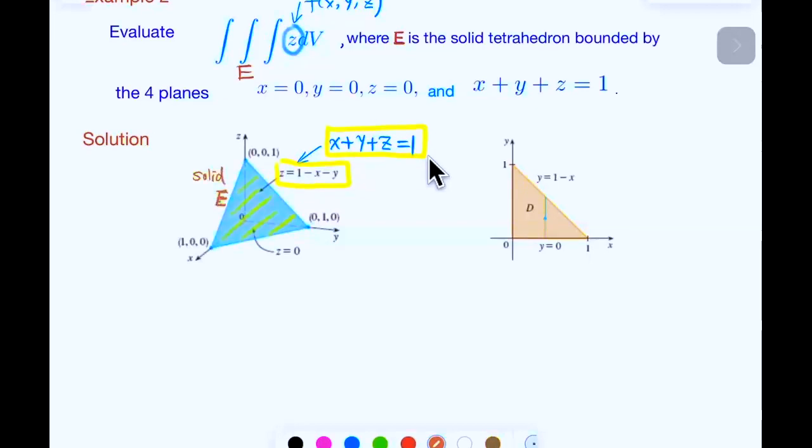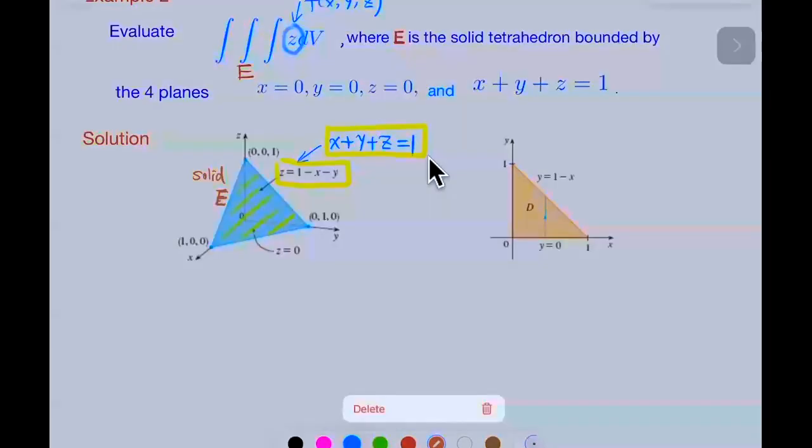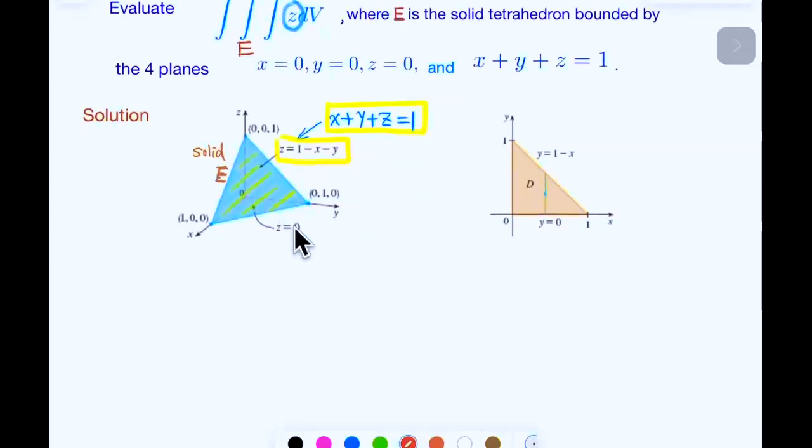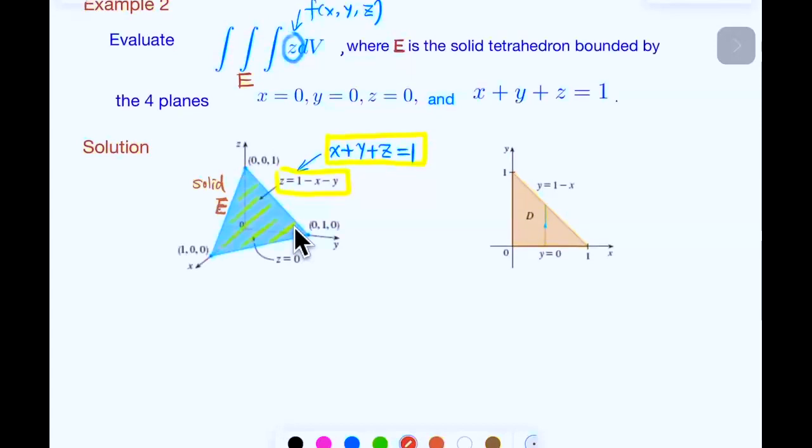So how do we do this? Let's try to set this up. Let's try to get the innermost integral first. Let's think about what type of solid this tetrahedron is. Is it an X or Y or Z solid? What would be an easy way to think?